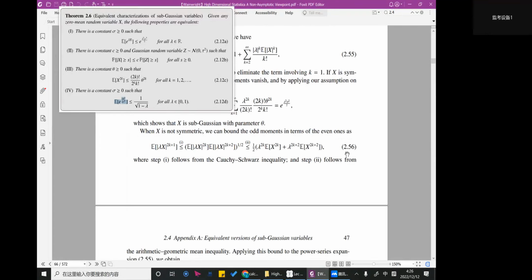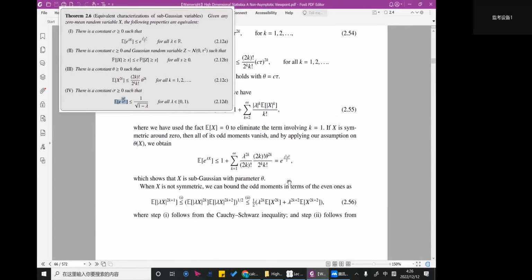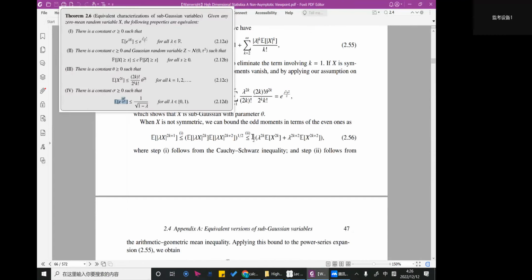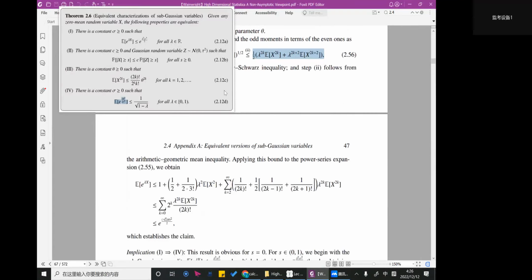Then by some reformulation of the Taylor expansion, we get this inequality. So we only need to calculate this by applying inequality 2.1 to c. Then we can easily derive our conclusion, which establishes the claim.